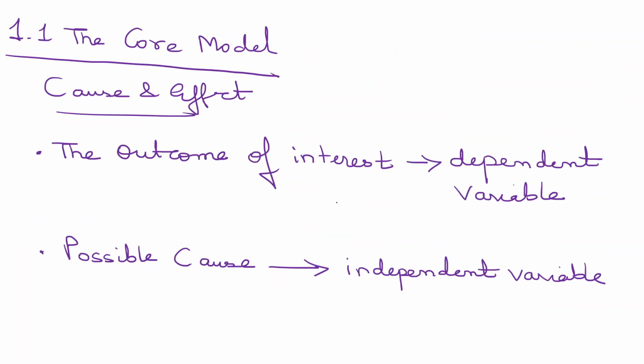So to summarize, in any cause and effect problem, the cause is the independent variable denoted as x, while the effect is the dependent variable denoted as y.